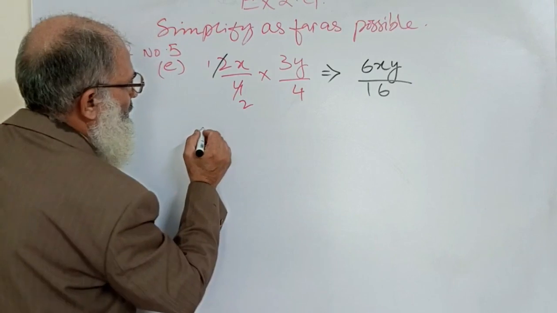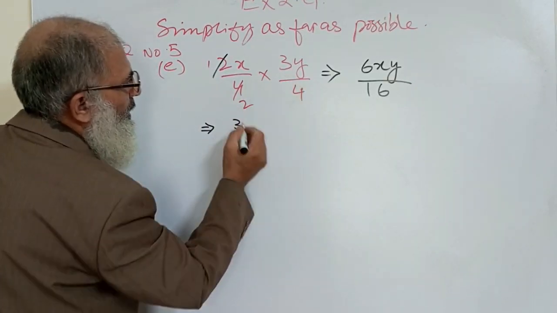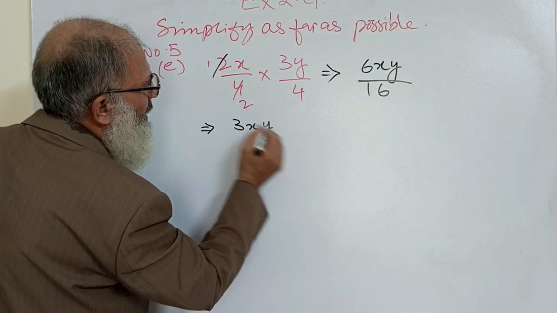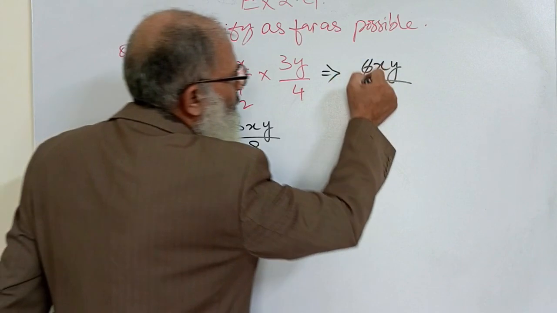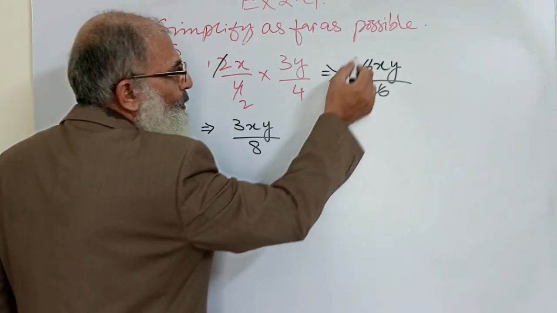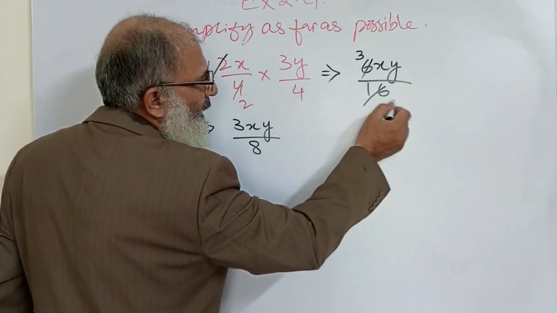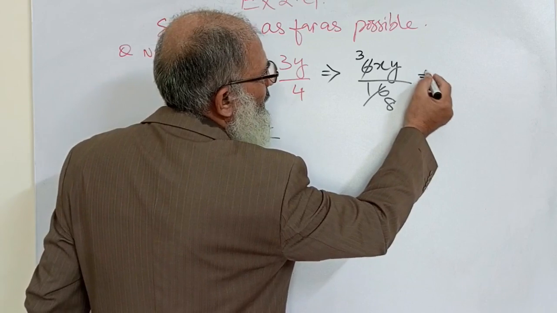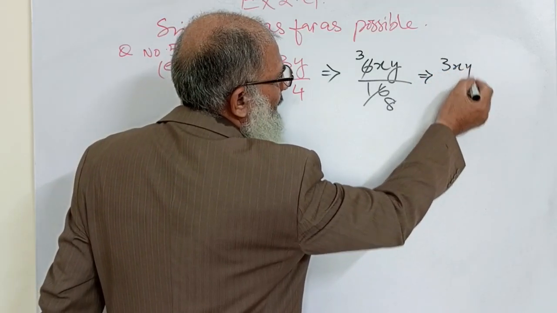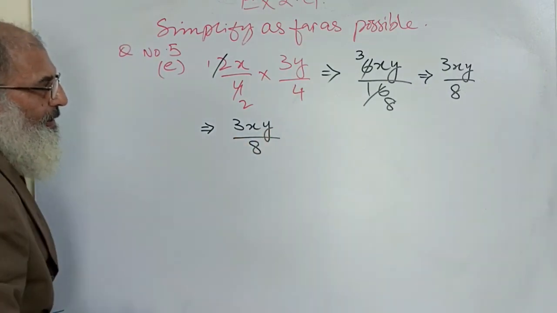Now it will become 1 times 3 is 3, x and y, and 2 times 4 is 8. So the answer here again will become 3xy divided by 8.